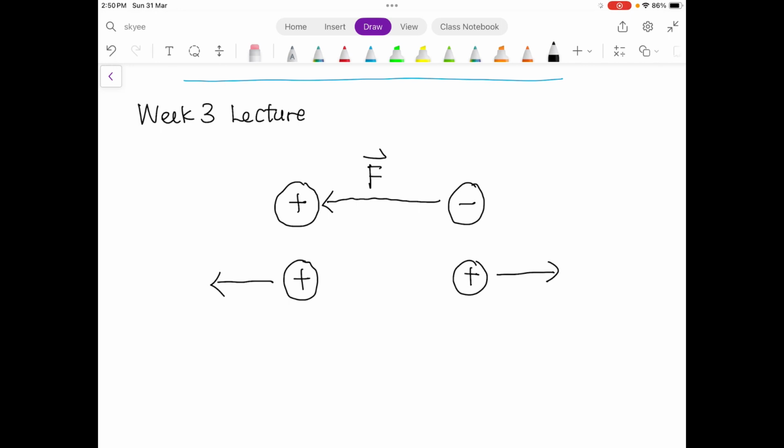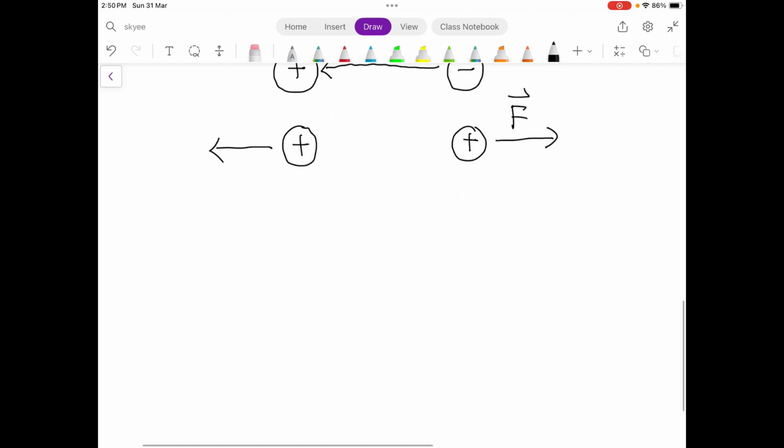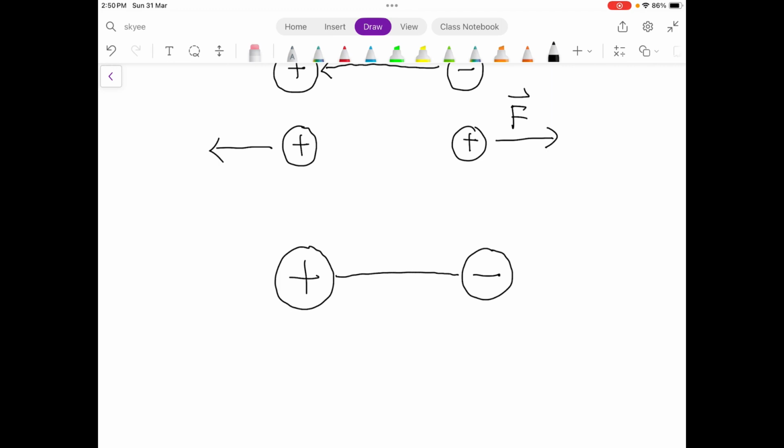The reason there is force between the charges is because there is an electric field between the charges. For a positive charge, the electric field will be in the outward direction, right?